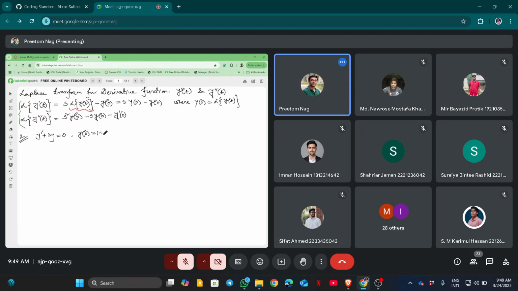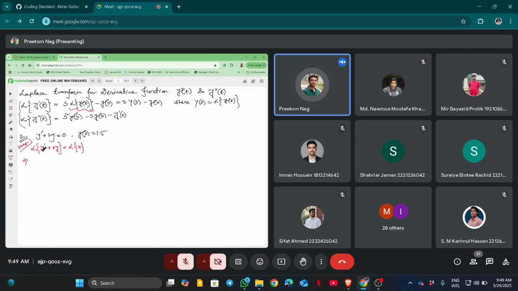So the first step, step 1, is to apply the Laplace transformation. Laplace transformation to y prime plus 2y equals Laplace transformation of 0 on both sides.